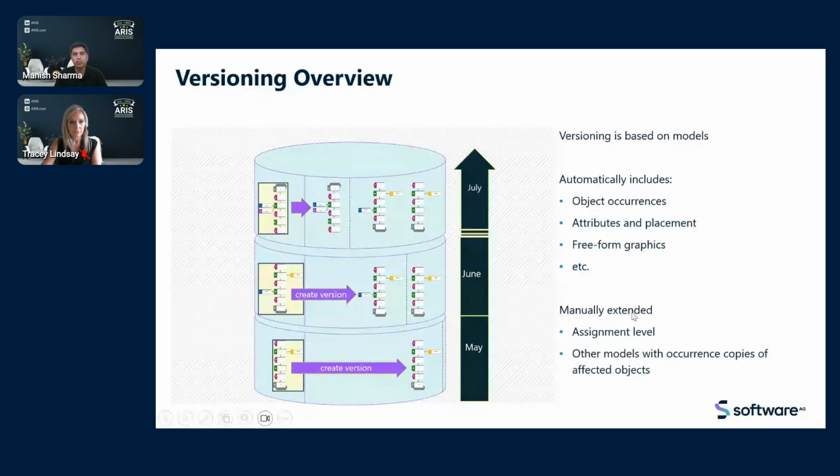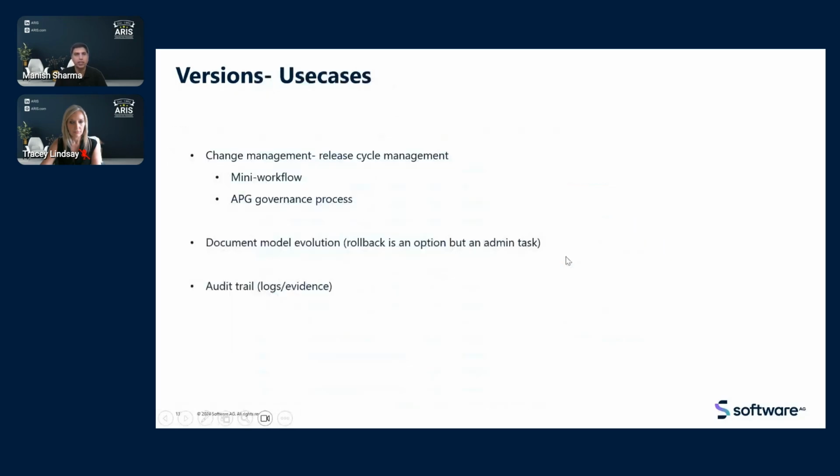So these are some options that you get when you create a version: the assignment level handling as well as the connection level handling. Okay, so you have the workspace version which is editable. You have the last version and all the previous change lists which are available for you to view.